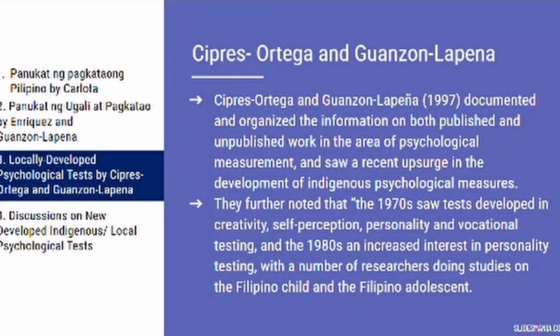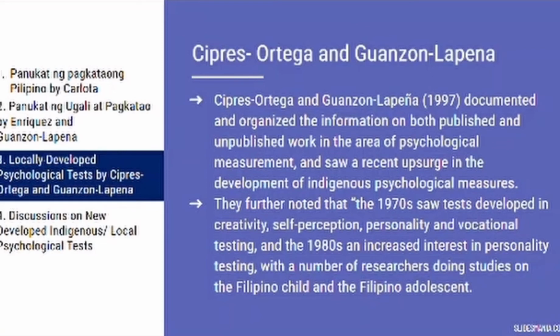Thank you. So, a quick introduction about the authors, Cypress Ortega and Guanzon Lapena. In 1997, they documented and organized the information on both published and unpublished work in the area of psychological measurement, and saw a recent upsurge in the development of indigenous psychological measures.